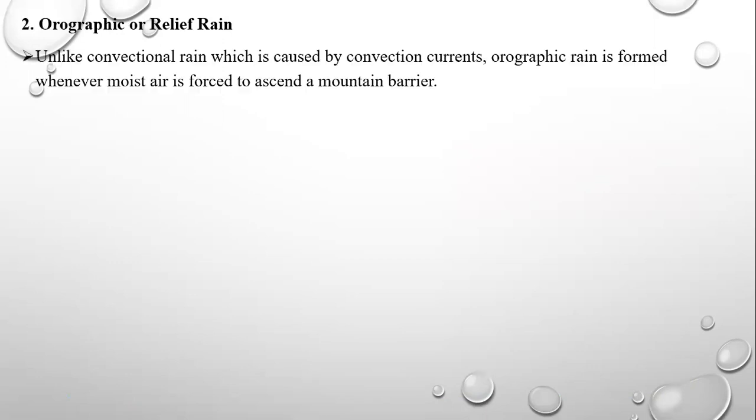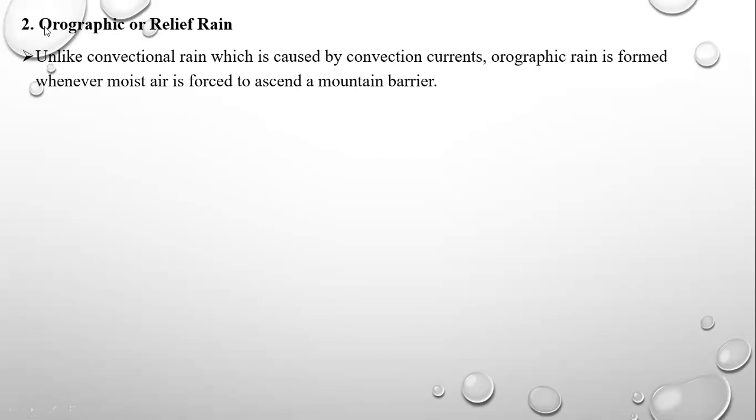Now, let me take you straight into what we call orographic or relief rainfall. Unlike convectional rain, which is caused by convectional currents, orographic rain is formed whenever moist air is forced to ascend a mountain barrier. For you not to ever forget what orographic rainfall or relief rainfall means, you must know the meaning of the word orographic.